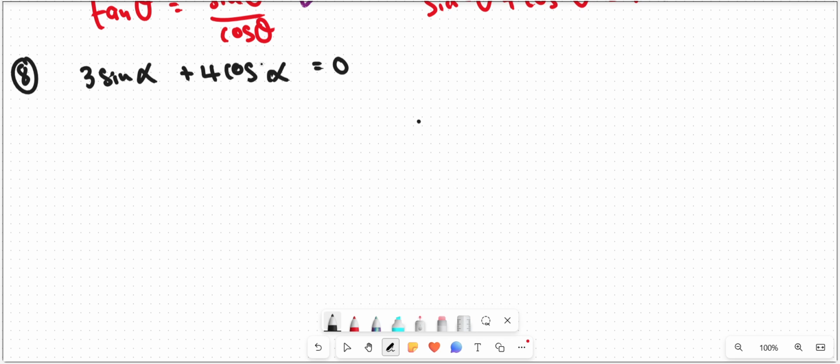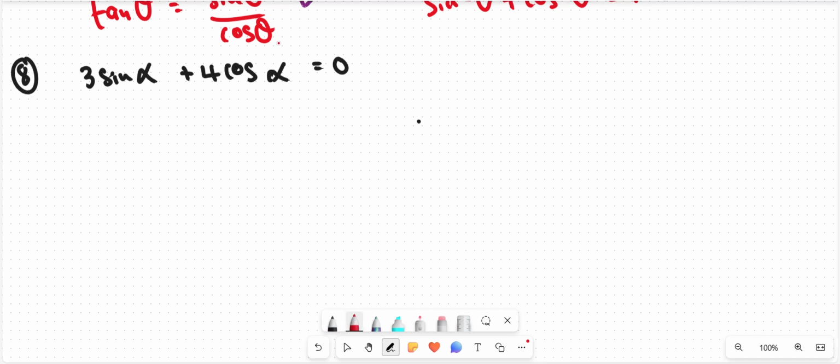So here what I'm noticing is if I take this 4 cos alpha to the other side, I'll end up with 3 sine alpha is equal to negative 4 cos alpha. Once I have them like this, as long as that alpha is the same in both, I can apply the first identity.